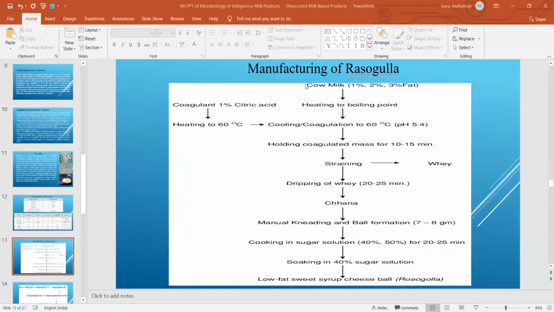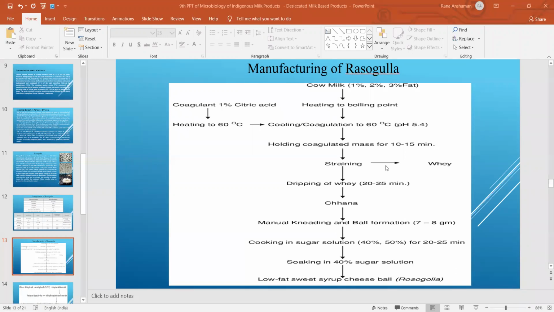Now, this is the flow diagram of manufacturing of Rasgulla. Cow milk you have to take, thereafter you have to heat it to boiling point, then you have to cool it to 60 degrees centigrade, and at that time you add 1% citric acid as a coagulant, maintained at 60 degrees centigrade, and the pH of the whole lot will reach 5.4.